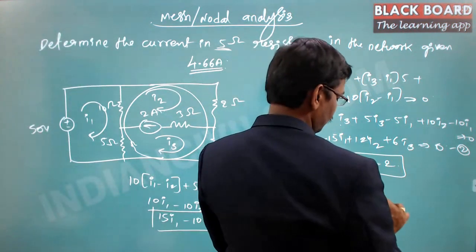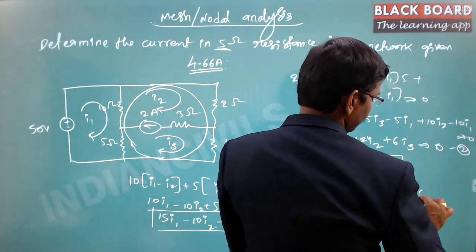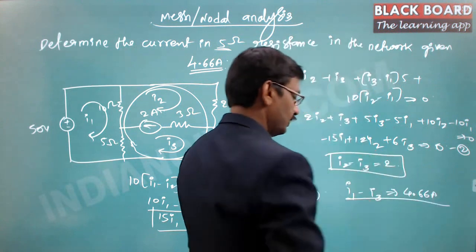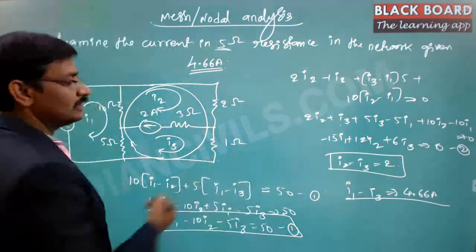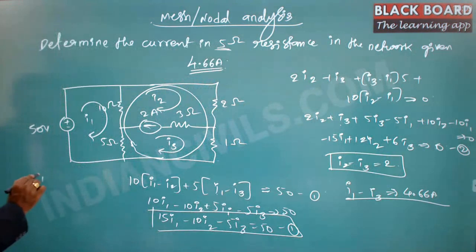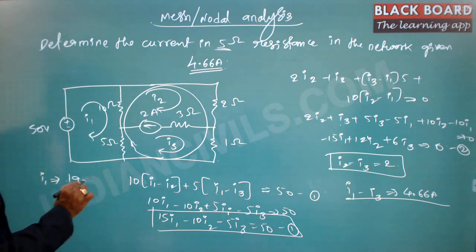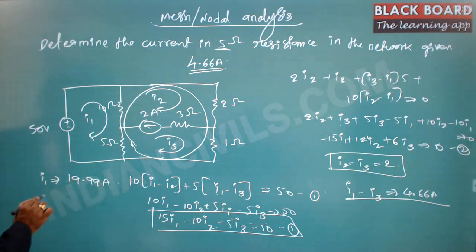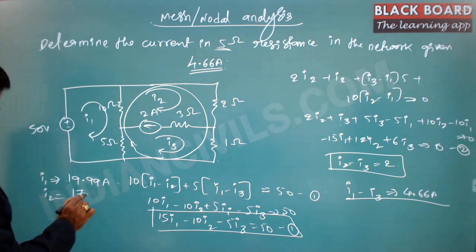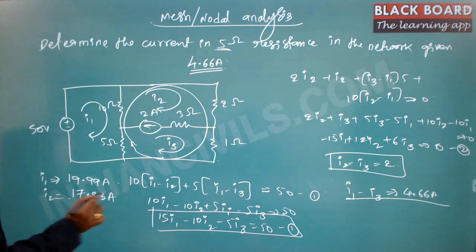So I1 minus I3 value is coming out to be 4.66 amperes. Got it? If you solve these equations, I1 will come as 19.99, I2 value is 17.33 and I3 value is 15.33.